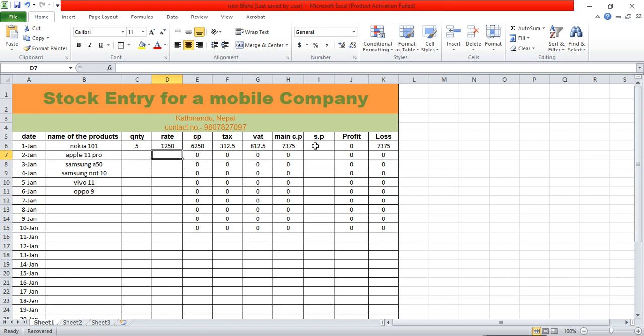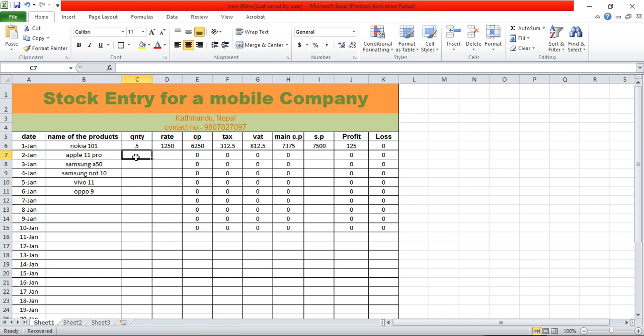It is not zigzag or mixed up in a single column. Whenever we put the selling price, 7375 is its cost price, and we have sold it at 7500, then see, we have a profit of 125 rupees and 0 rupees of loss there.